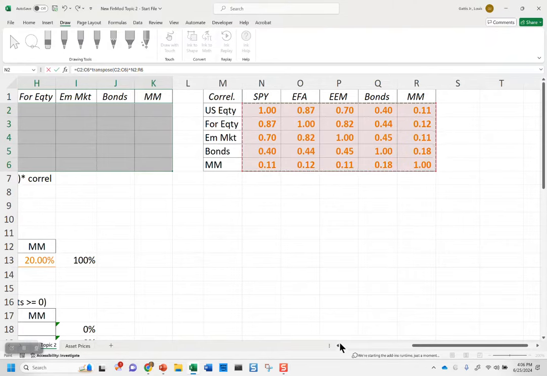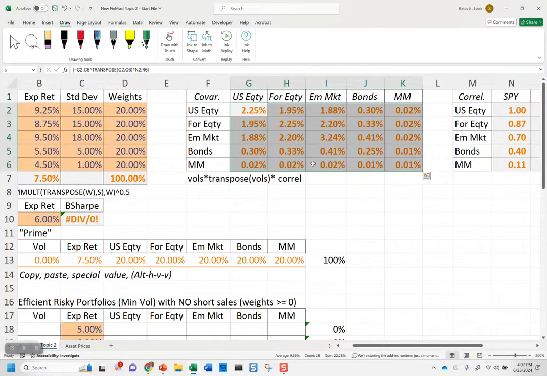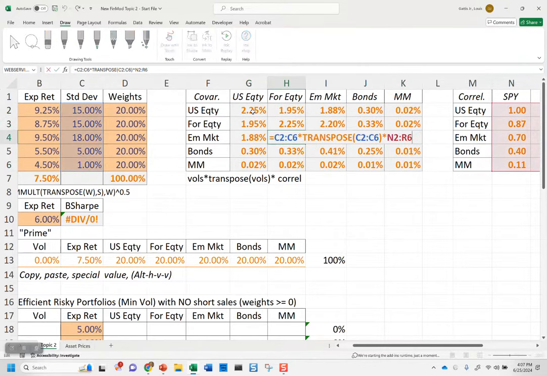Notice all this is selected. I'm going to enter this formula across the entire array or matrix by hitting Control-Shift-Enter. Remember those two numbers, 225 and 195? These are now covariance terms.